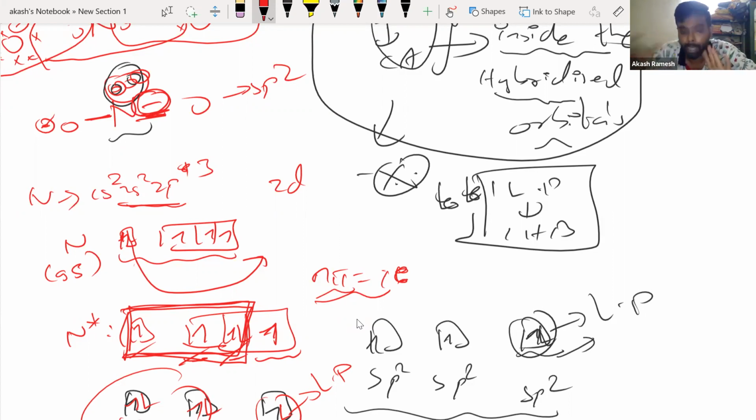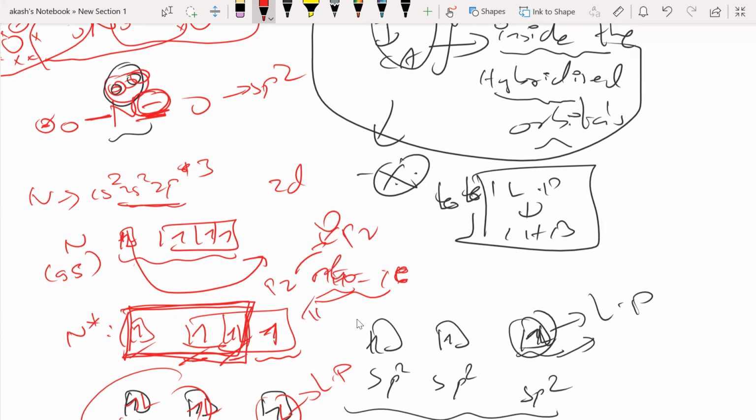Right, and yeah, tell me. Sir, that orbital with one unpaired electron will form a pi bond with which orbital? This is, say for example, pz, right? So the oxygen atom's pz will come. They will laterally overlap to form a pi bond. Okay, sir. Understood? Because I told you for sigma bond, what is the overlap?